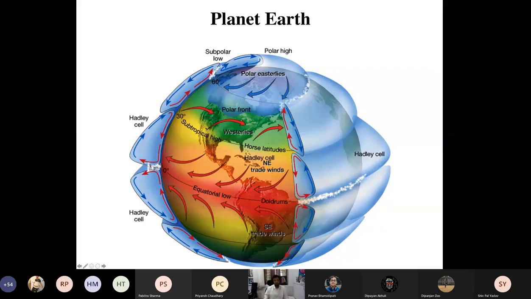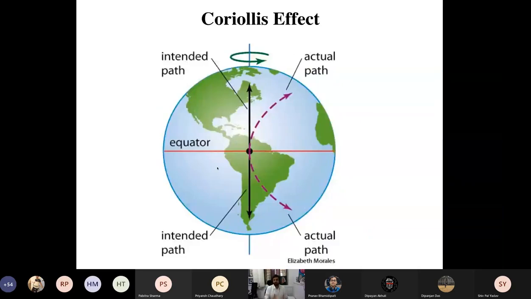And what we can see is that the movement of air mass along the surface of the planet is not parallel to the latitudinal axes. Why is that happening? This is because of the Coriolis effect. What is the Coriolis effect? It is the deflection of any parcel of air or water when it's moving.